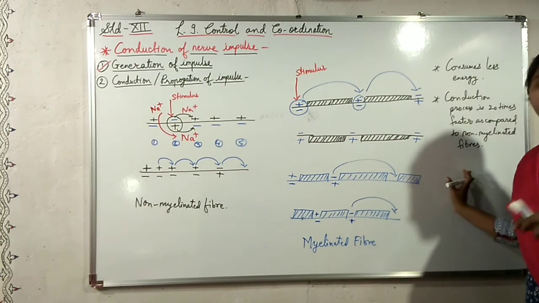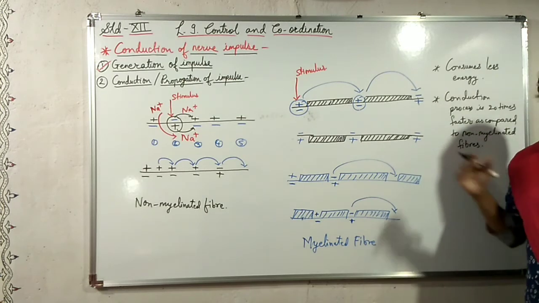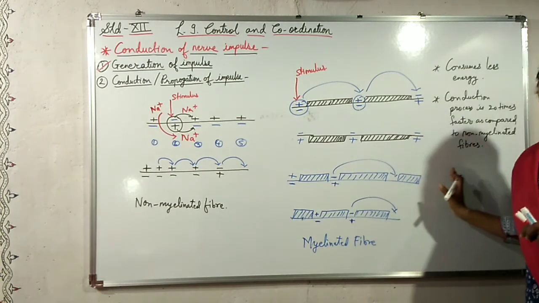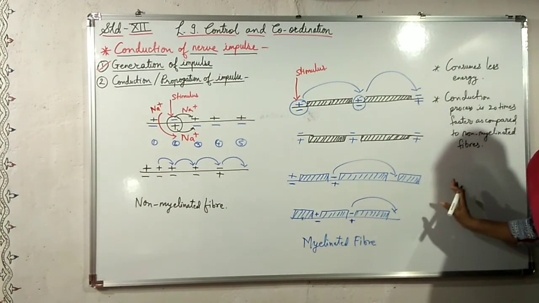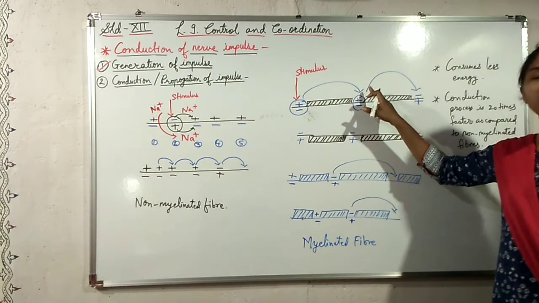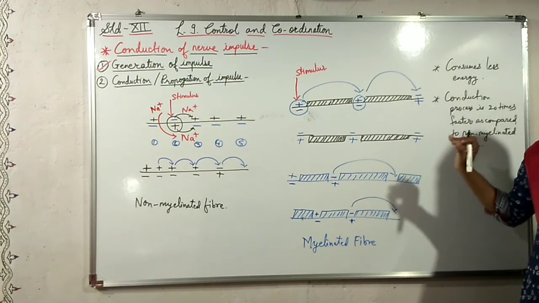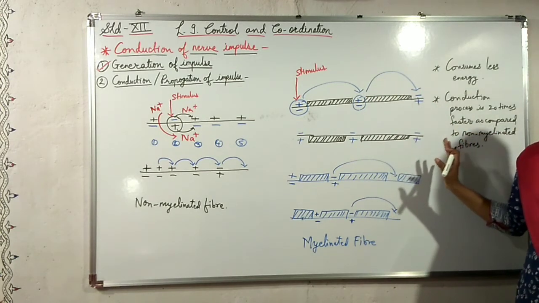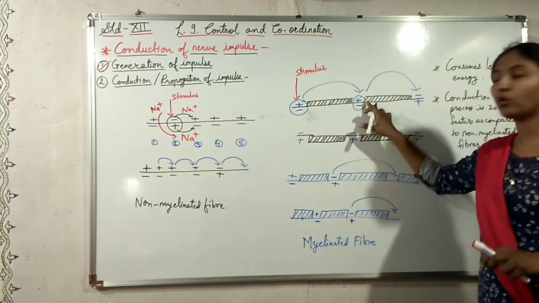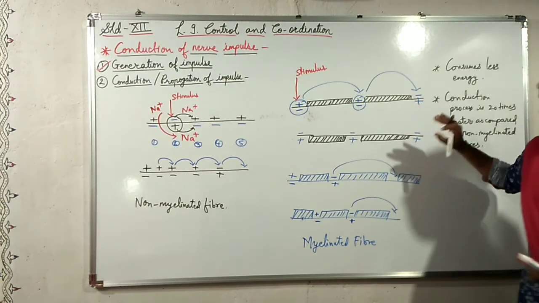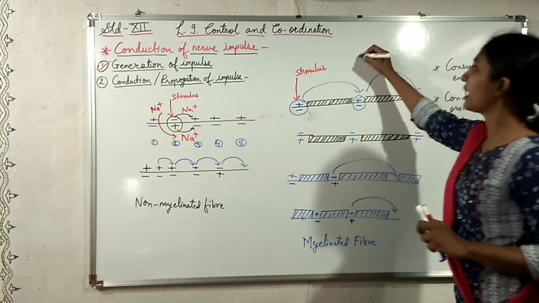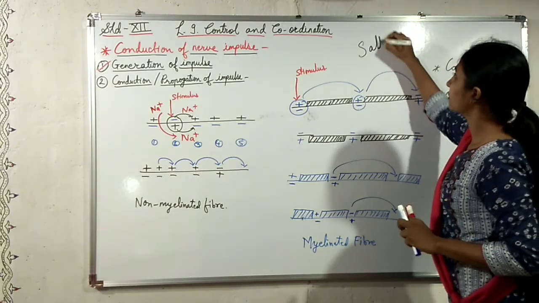In the myelinated fibers, less energy is consumed because the impulse jumps from one node of Ranvier to other node of Ranvier. This type of conduction, when the impulse jumps from one node of Ranvier to other node of Ranvier, is called saltatory conduction.